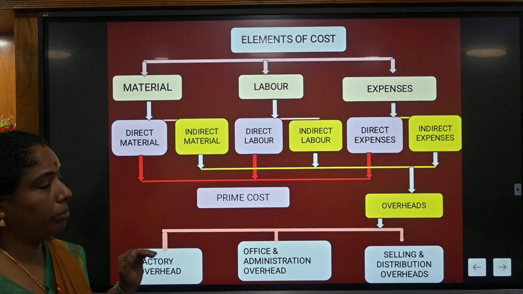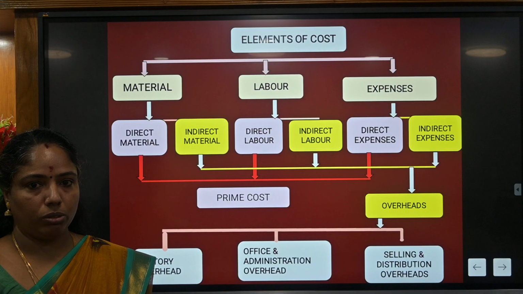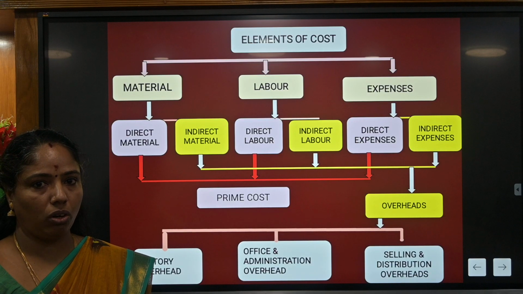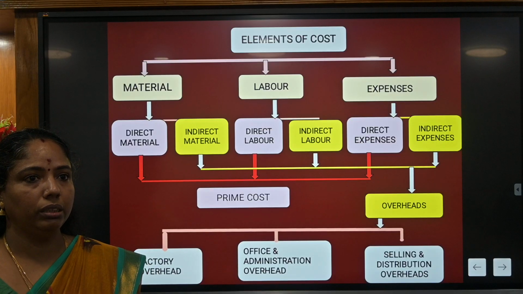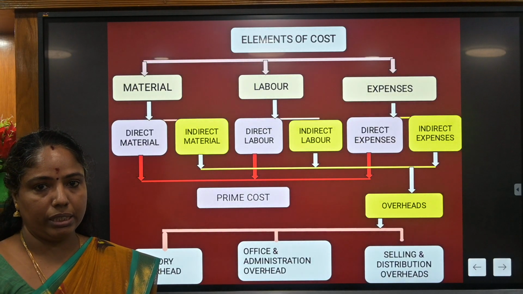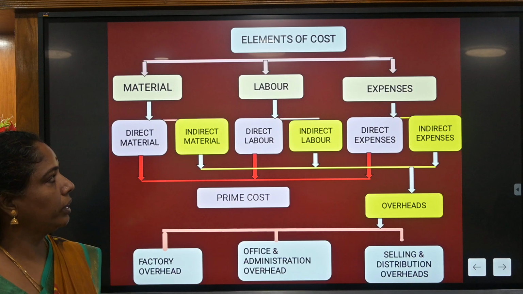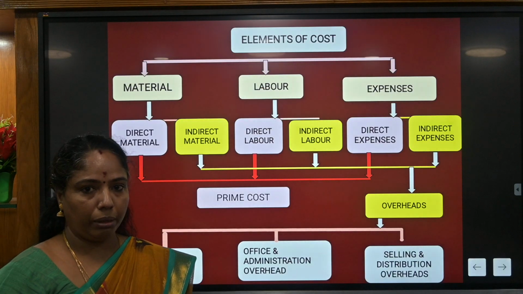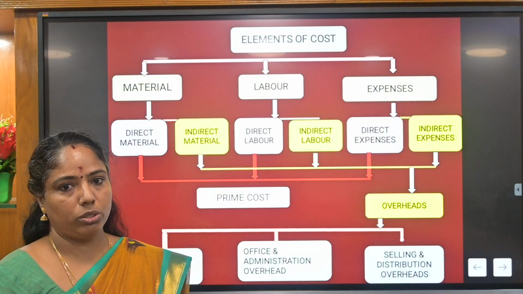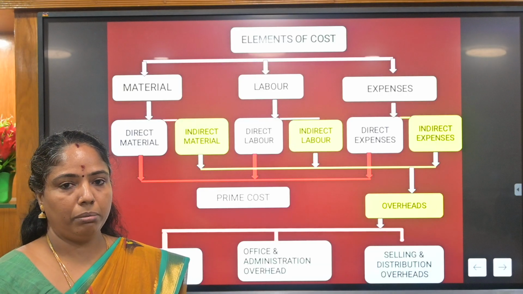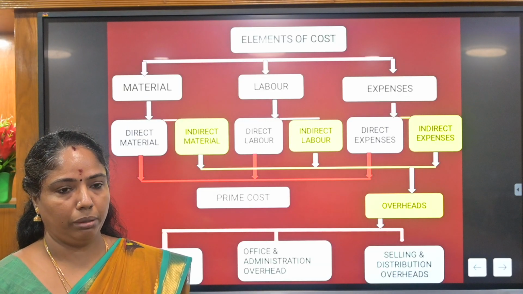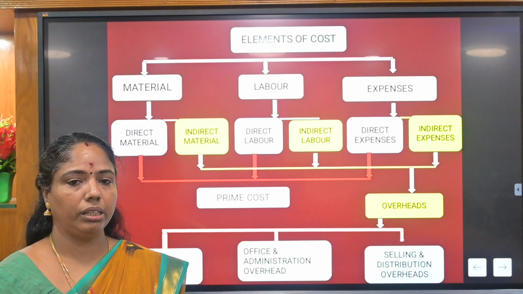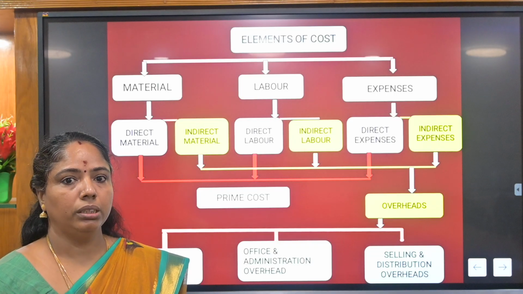First one, material. For producing a particular product, material plays an important role, and more than 60% of the cost is incurred on material, whether direct material or indirect material. Then comes labor. For converting the raw material into a product, labor is required. Labor may be direct labor or indirect labor. The labor directly involved in converting the raw material into finished goods is direct labor.